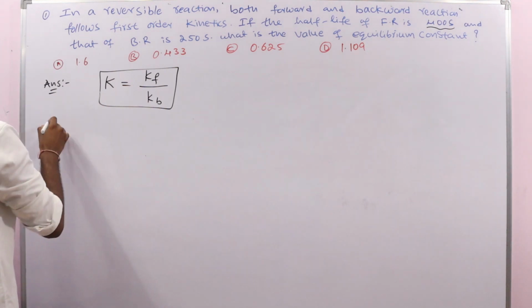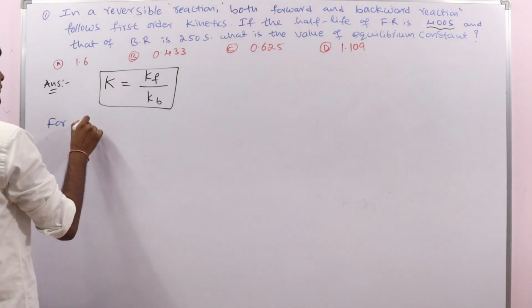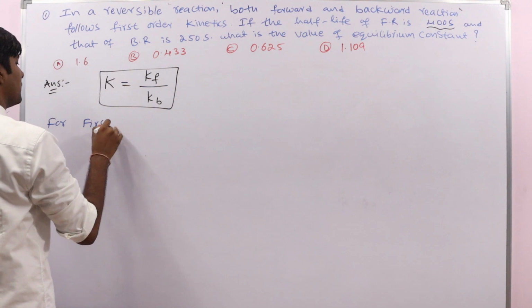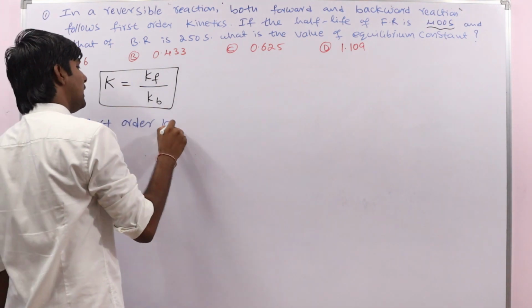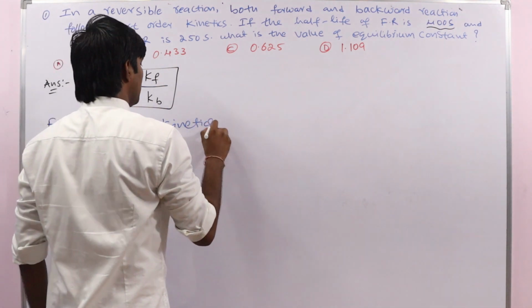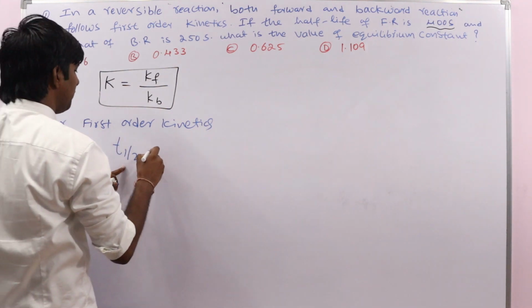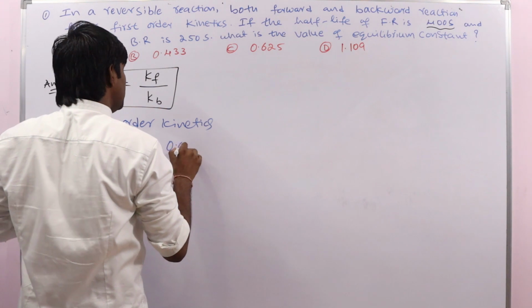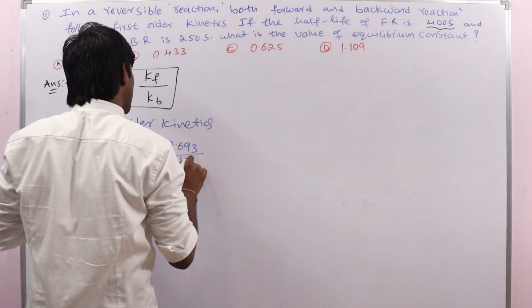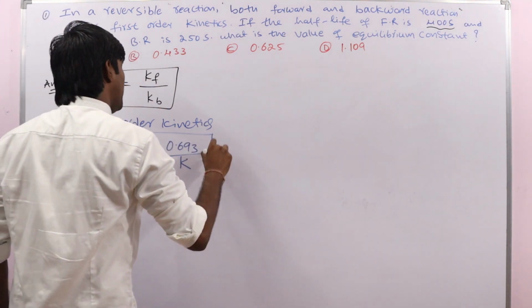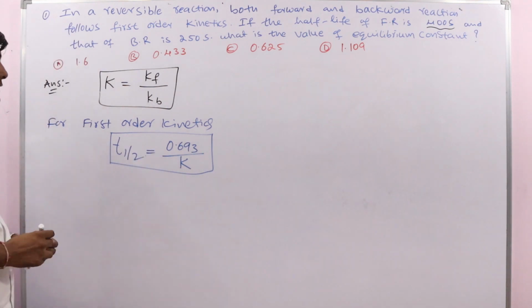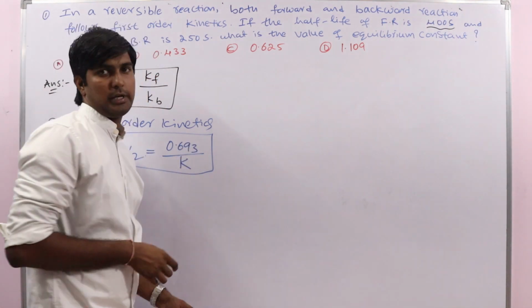So here, for first order kinetics, half life T half, T 1 by 2, is equal to 0.693 by K. Half life is equal to 0.693 by the rate constant.